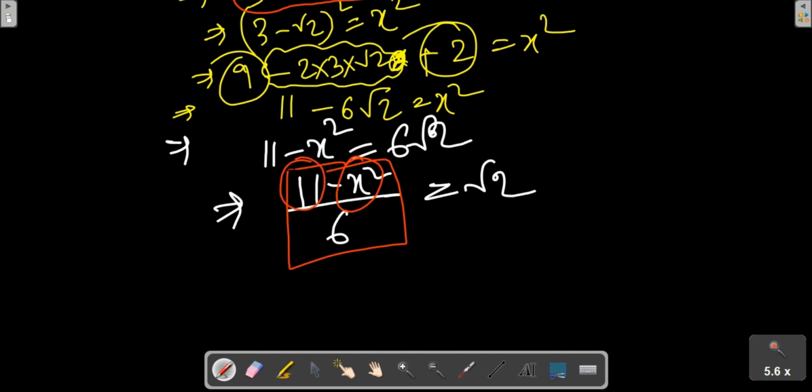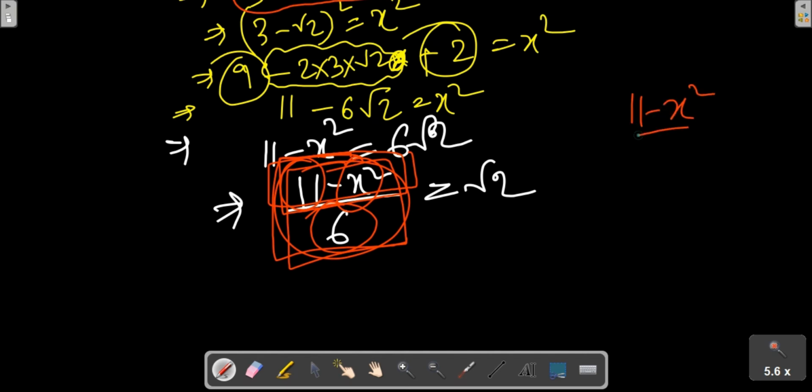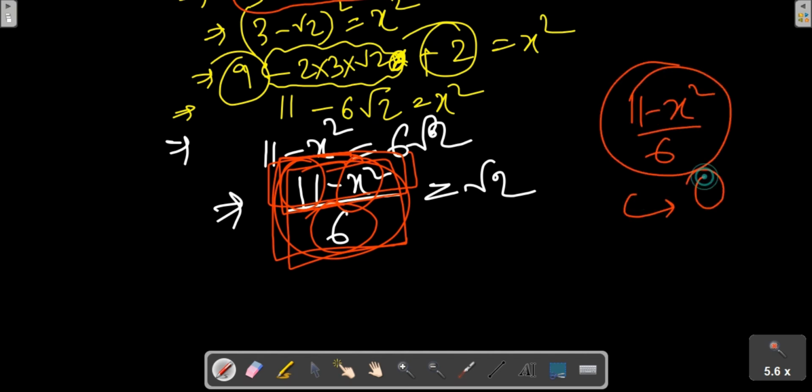We all know that 11 is a rational number, so the subtraction of two rational numbers will give another rational number. So this numerator is a rational number, and this 6 is also a rational number, not irrational. So all the numbers are rational, so this whole term, 11 minus x square by 6, is a rational number. It is denoted by capital Q, like natural numbers are denoted by capital N, so rational numbers are denoted by capital Q.